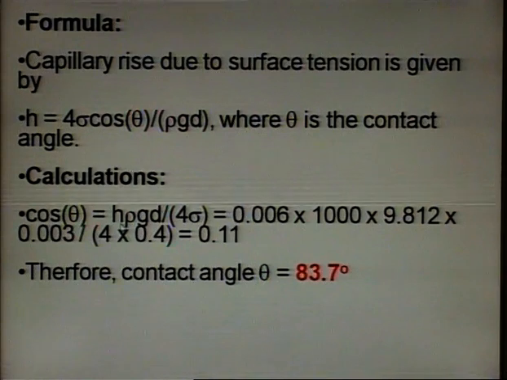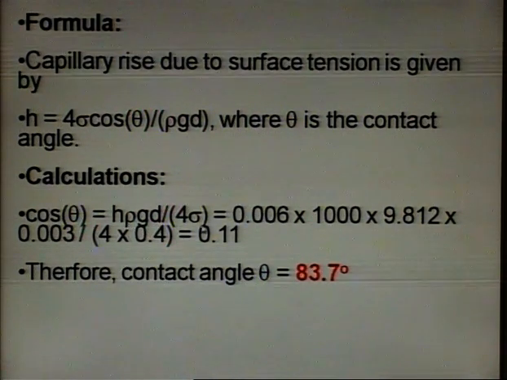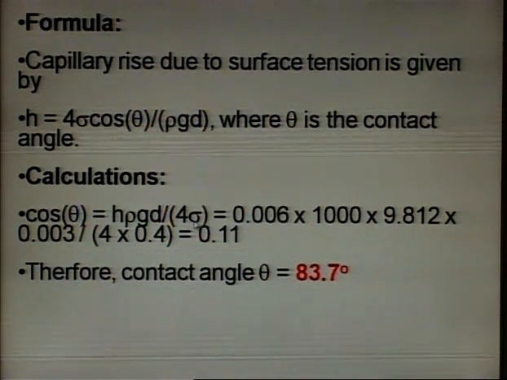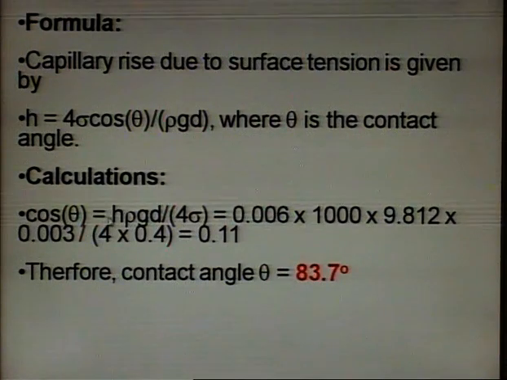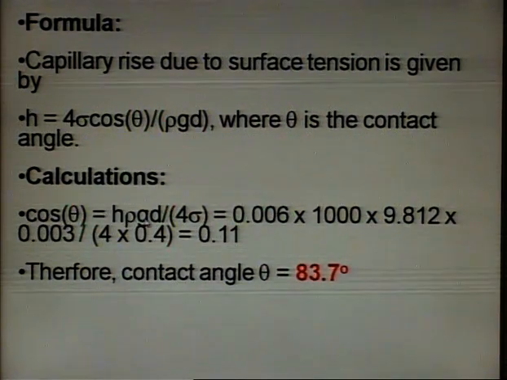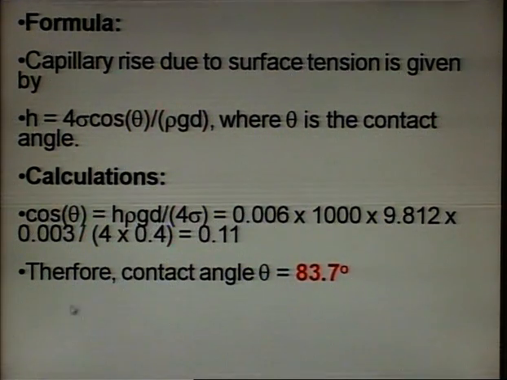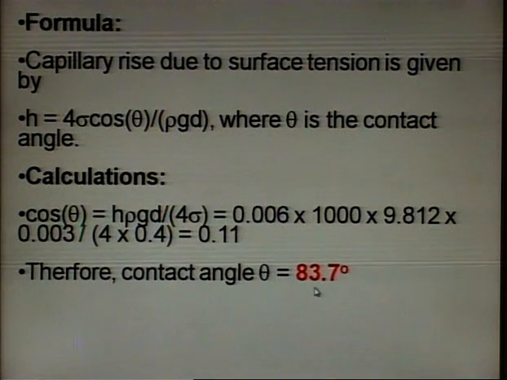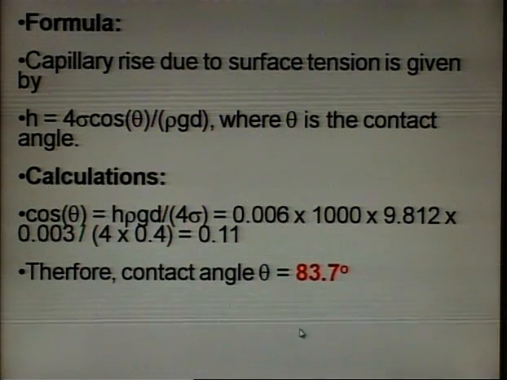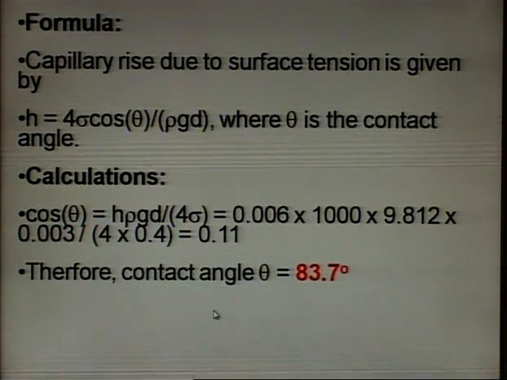So cos theta is h rho g d divided by 4 sigma. Sigma is surface tension, h is height, rho is density, g is acceleration due to gravity, d is diameter. Putting all these values, theta comes out to be 83.7 degree. So this is the contact angle.